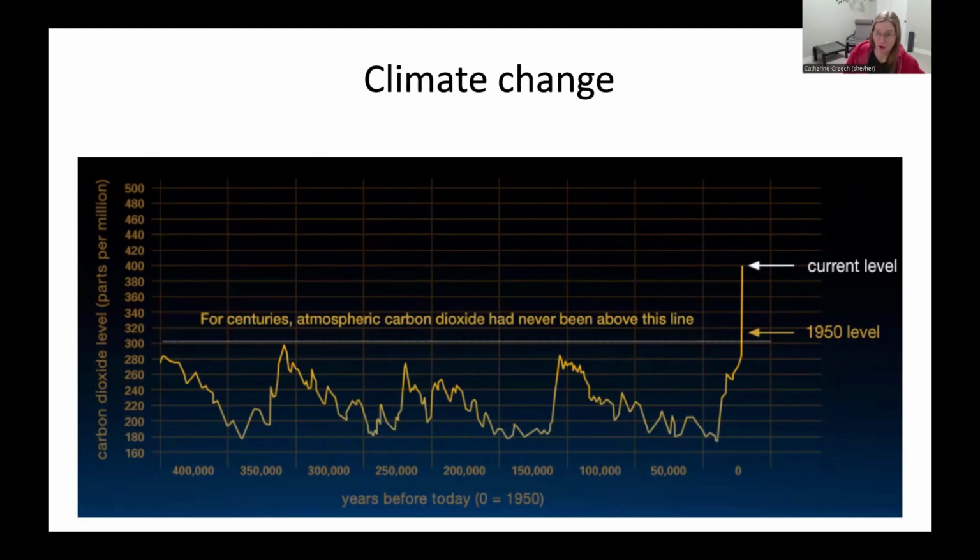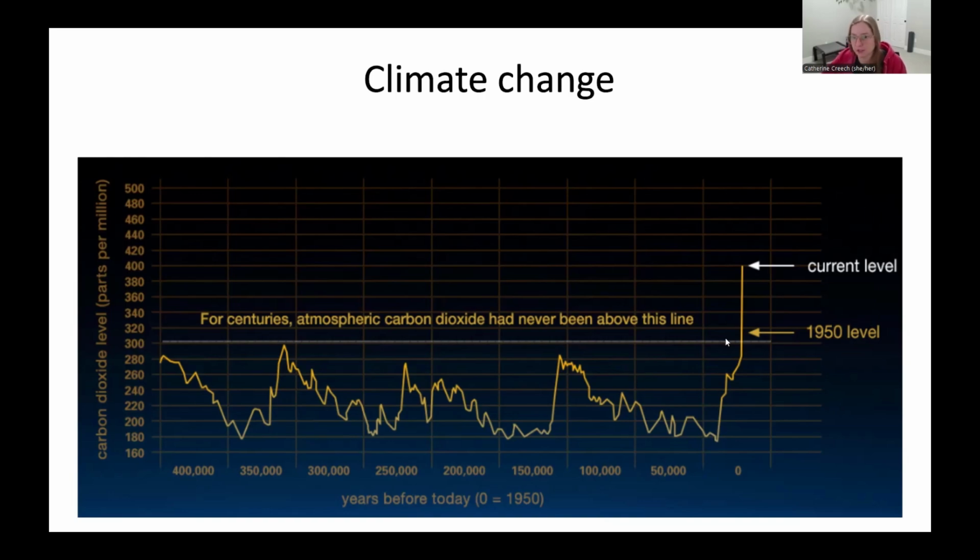The longest ago is about 400,000 years, and then we get to zero, which is today. And this is a couple of years old, so it doesn't show you our current number of ppm carbon dioxide, but we have a different pattern, right? So it increases and decreases, but generally hasn't gone above 300 parts per million in the last 400,000 years.